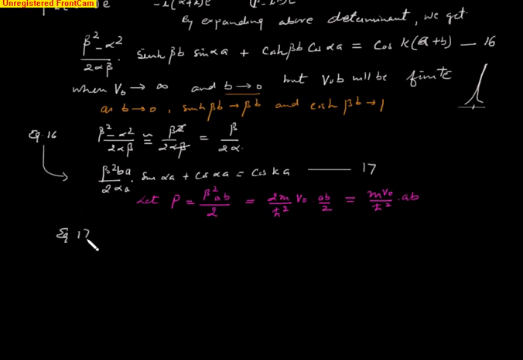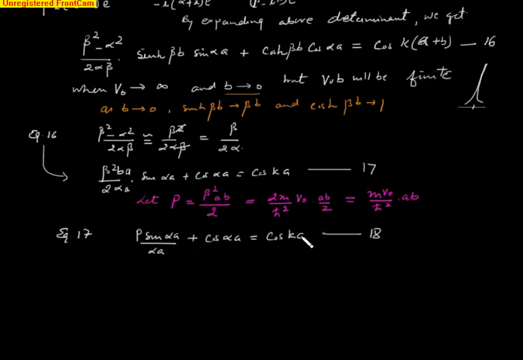Equation 17 can be written now in terms of p: p sine of alpha a divided by alpha a, plus cosine of alpha a, is equal to cosine of ka. This is the next equation, number 18.